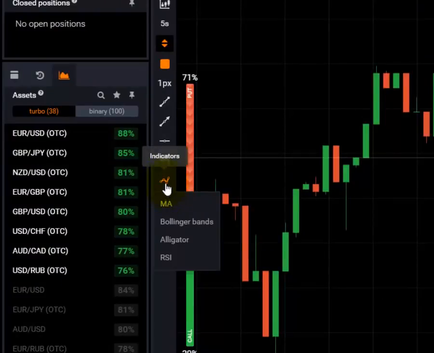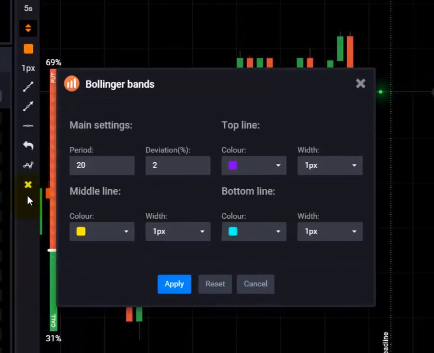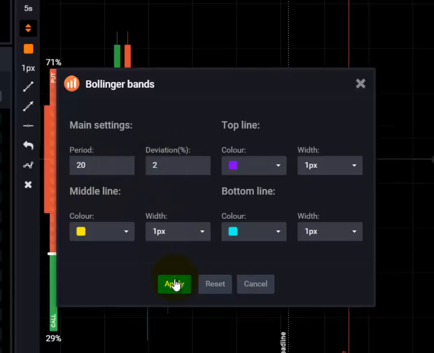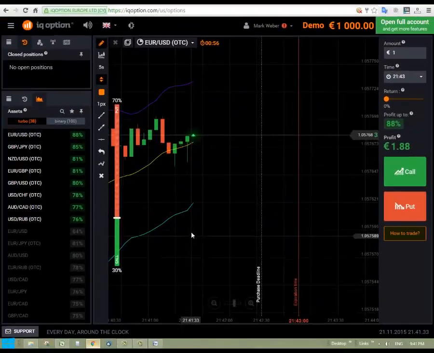The first indicator is the Bollinger Bands. We press the Bollinger Bands and we see main settings. We leave the period on 20 and the deviation of 2, and we hit apply.